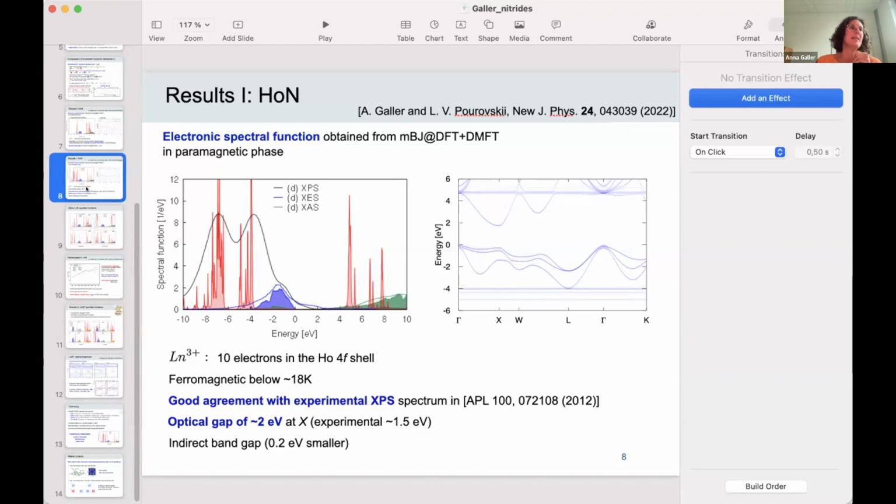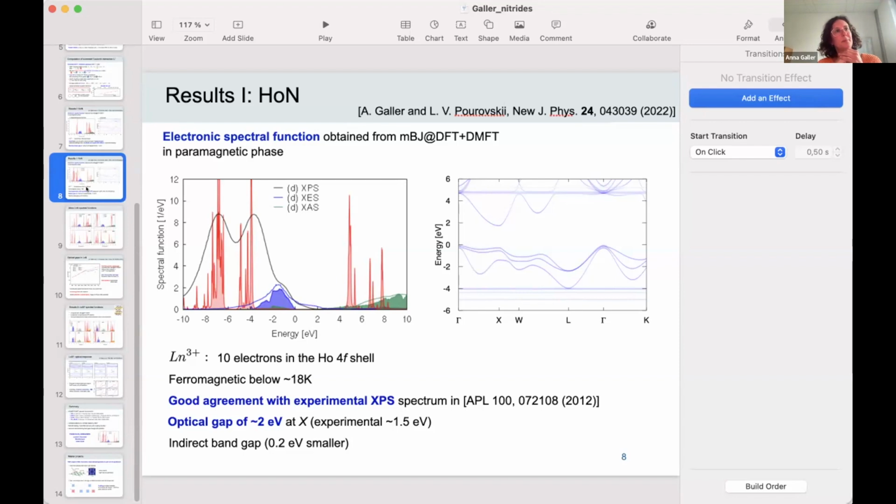But actually, I would say it's not the right mechanism, because you don't have strong local electronic correlations there. It's more non-local exchange and correlations which give you the correct band gap.